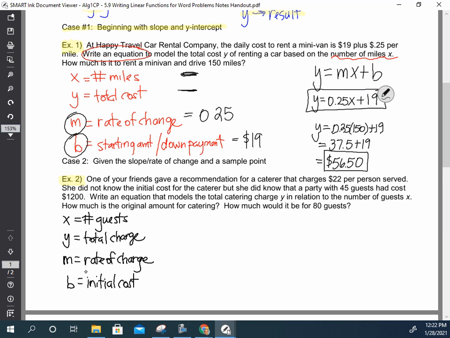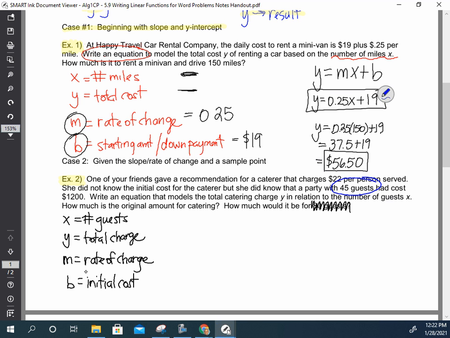So let's see what we know. So we can't use this 80 because that's in the question they're trying to ask. So we can't use the 80 yet, that's in the question. So, did they, at any point, tell us a number of guests? They tell us a number for the guests. 45.